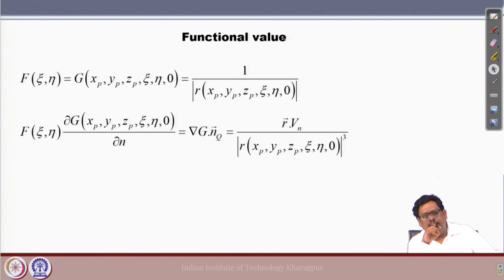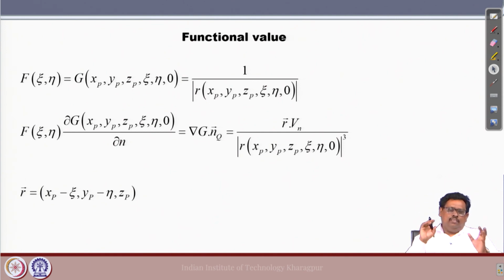And then the other functional value is f(xi, eta), which is grad g dot n_q, and that is nothing but r dot n divided by the modulus of r cubed. Sorry, x_p, y_p, z_p are the field point and xi, eta, 0 is my source point. And what is r? r is a vector which is x_p minus xi, y_p minus eta and z_p.